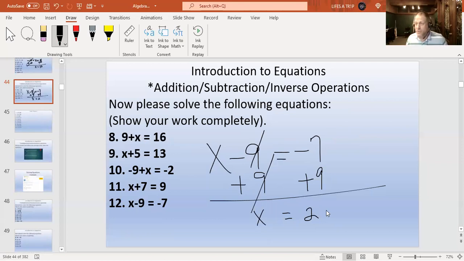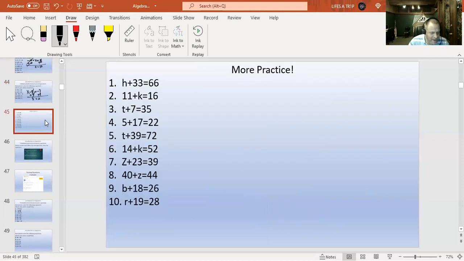It is also in multiplication and division. So if this was a multiplication right here, this would have to be a division sign. If this was a division sign, this would have to be a multiplication sign. All right, guys.